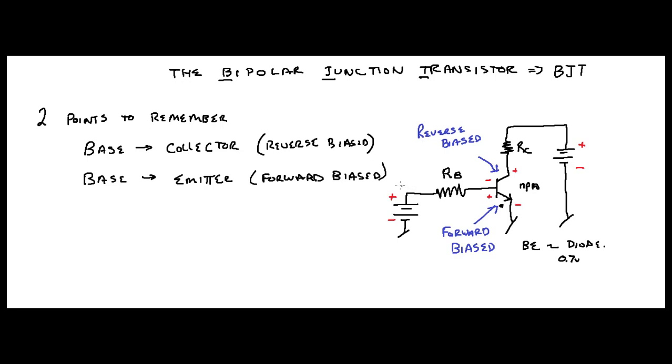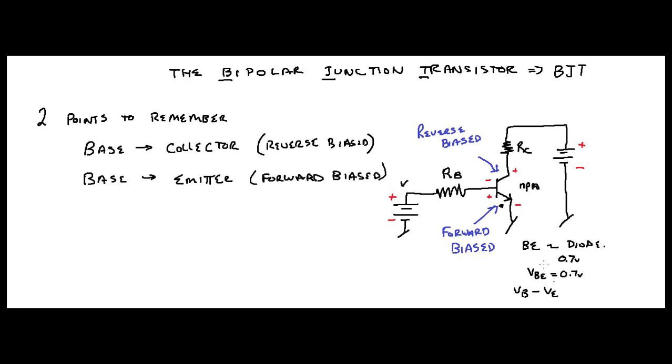So if you have a voltage here, you're going to have a resistor here, and you're going to have this diode right here. By the way, that's going to be termed VBE, and that is equal to 0.7 volts. VBE basically is VB minus VE.